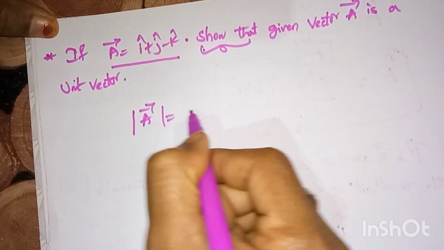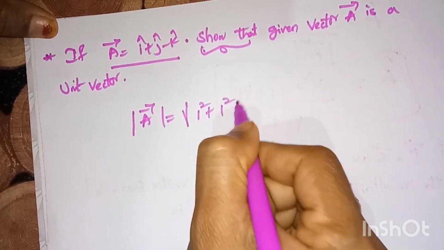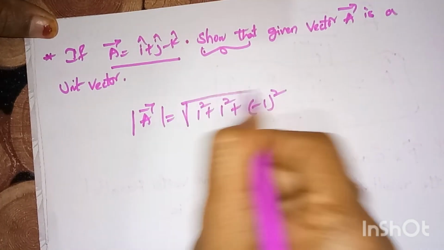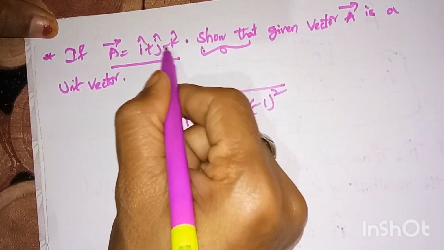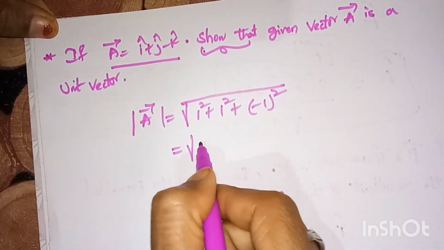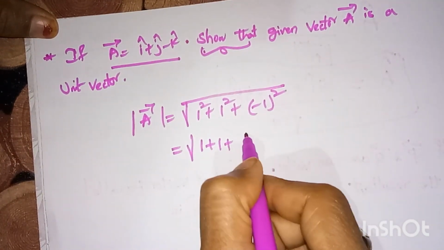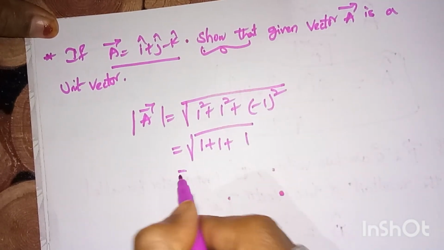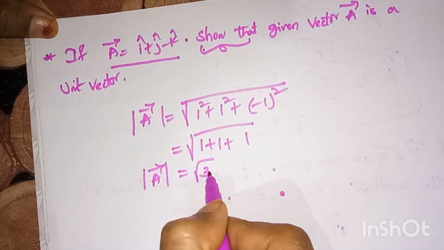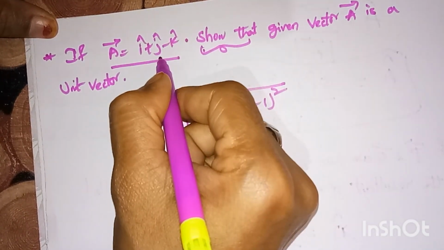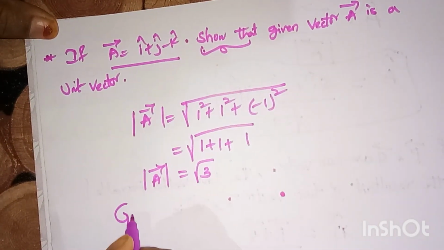Magnitude of A bar is 1 square plus 1 square plus minus 1 whole square. Here the coefficient of i cap is 1, and the same for the others. 1 square is 1, plus 1, plus 1, so root 3. So the magnitude of the vector is root 3. It is not 1, so the given vector is not a unit vector.